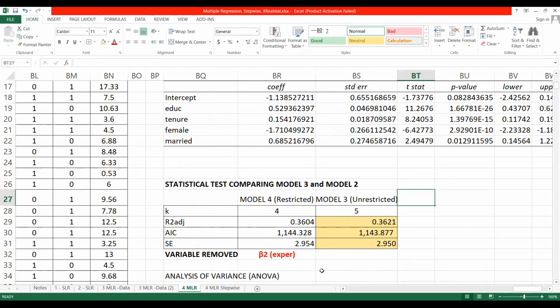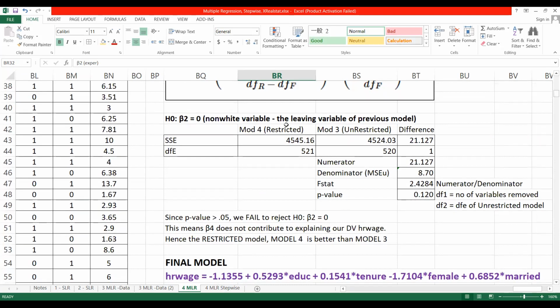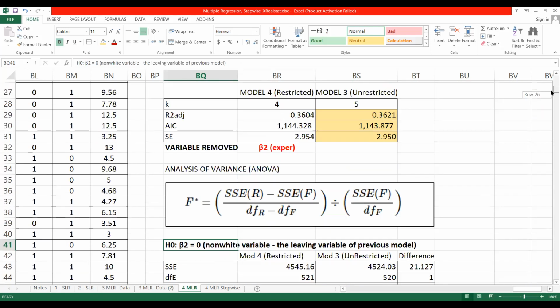i-test natin statistically. So ano ba yung tinanggal natin? Yung beta 2, experience. Okay? So again, we did the same, guys, nag-analysis of variance tayo. And it turns out that the F-stat p-value is 0.12. Our null hypothesis is that B2 is equal to 0. Si B2, guys, yung experience, yun ang tinanggal natin.